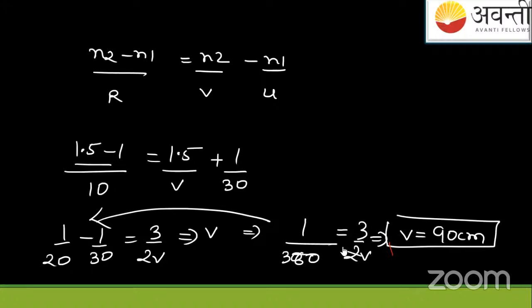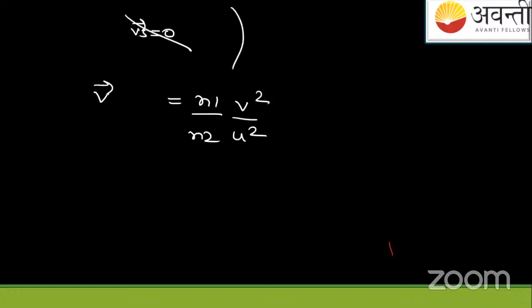Yes, very good. So now simple, we put this V value in the formula. Formula is what? N1 upon N2, V square upon U square. We know Vs was eliminated from this. Vs we got as 0 because that refracting surface is not moving. So that's a good point for us. The calculation becomes easy.